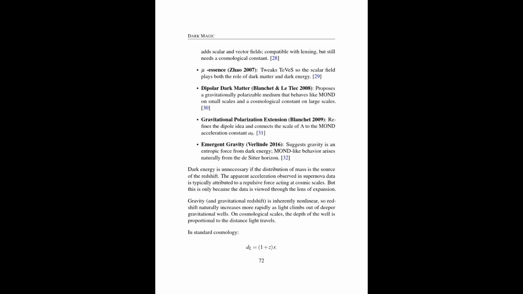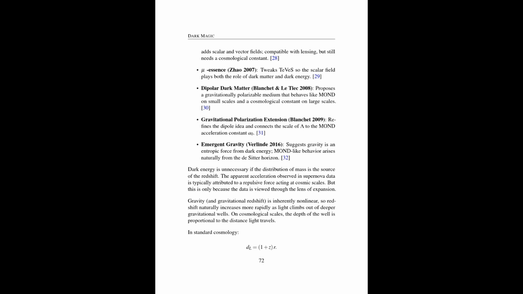Then there's dipolar dark matter, which proposes a gravitationally polarizable medium that behaves like MOND on small scales and a cosmological constant on large scales. Gravitational polarization is an extension that refines the dipole idea.